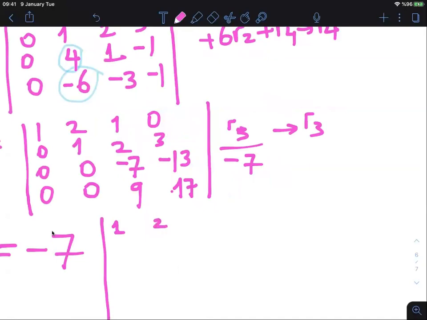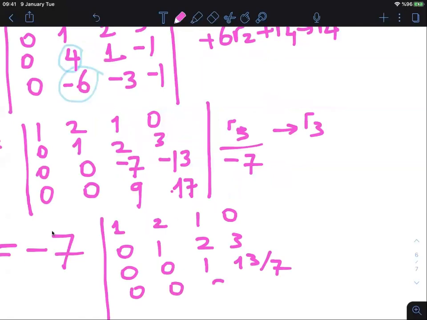1, 2, 1, 0, 0, 1, 2, 3, and this becomes 0, 0, 1. What is this guy? 13 over 7, 0, 0, 9, 17. This is the result.